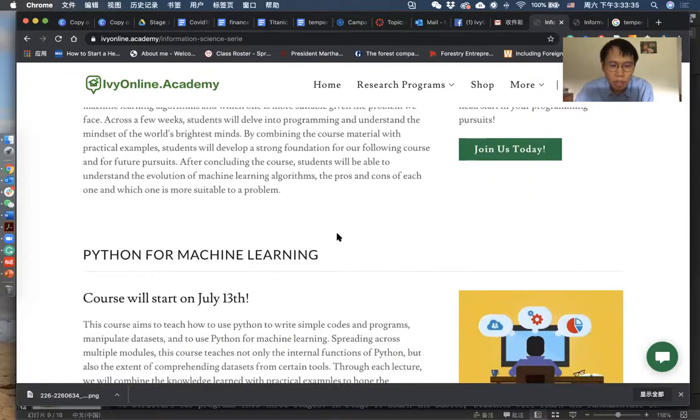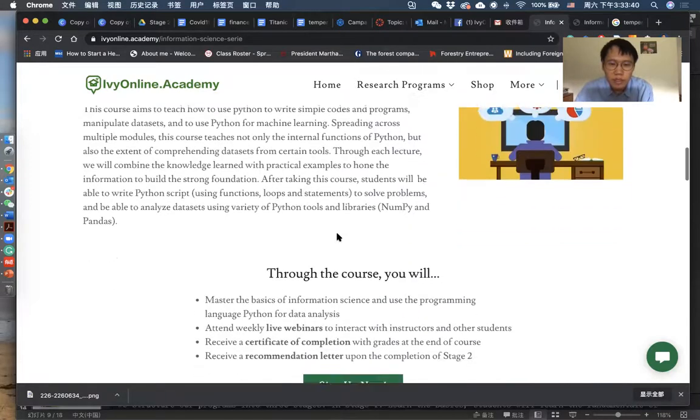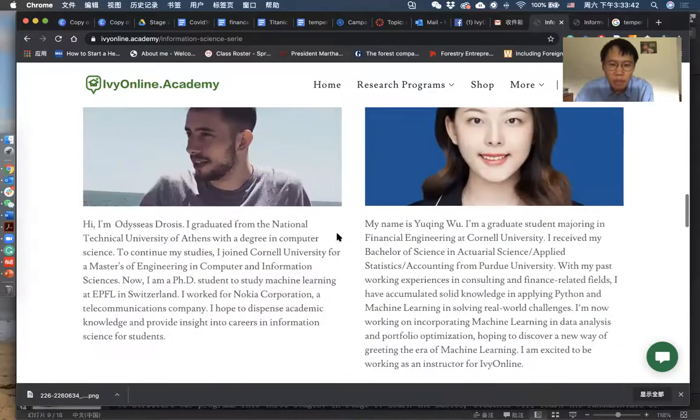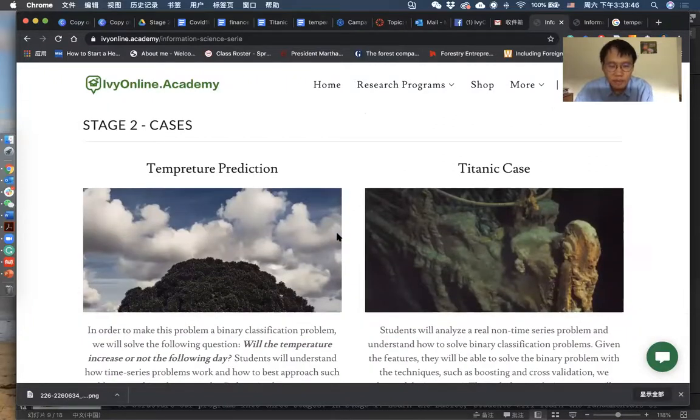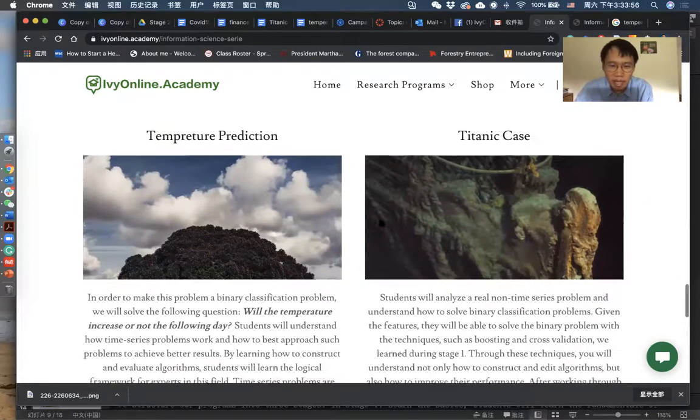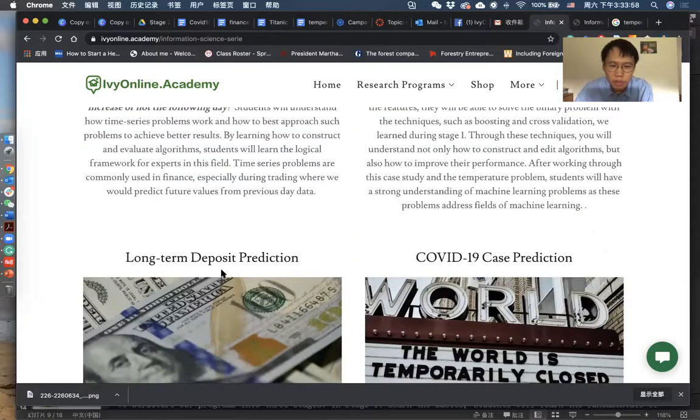Maybe you are wondering what kind of problems you can solve after taking these two courses. Just like I mentioned, we have prepared several cases. After the first stage of learning, you can move on to the second stage and solve these 4 cases: temperature prediction, the Titanic case, long-term deposit prediction, and COVID-19 case prediction.